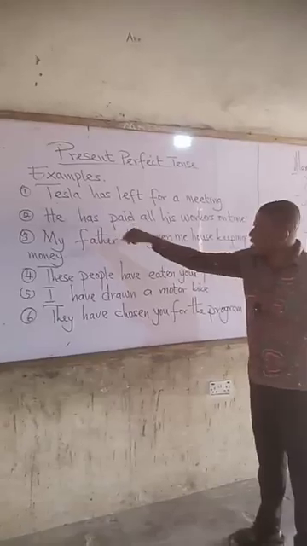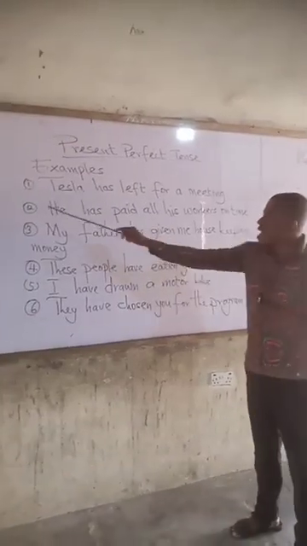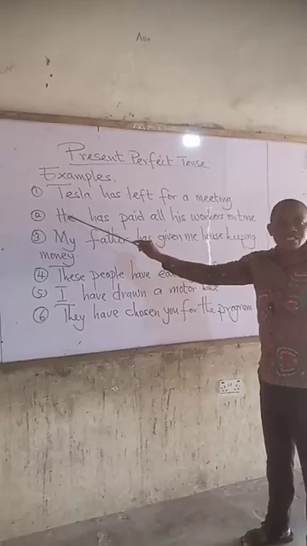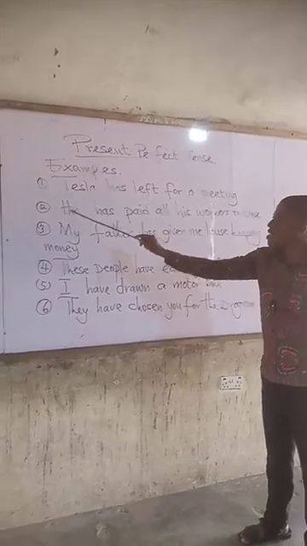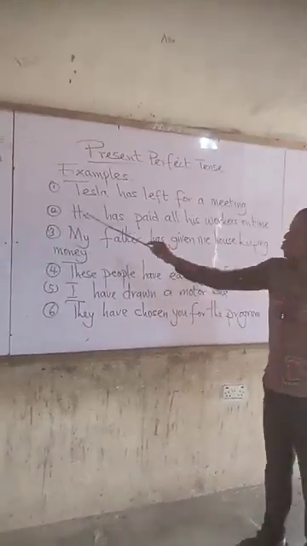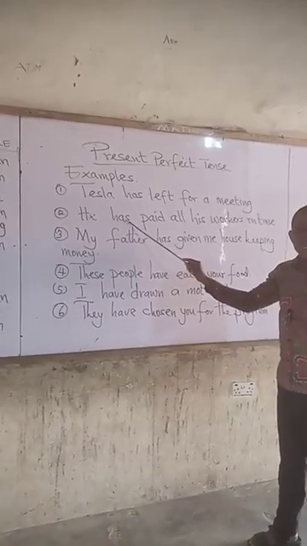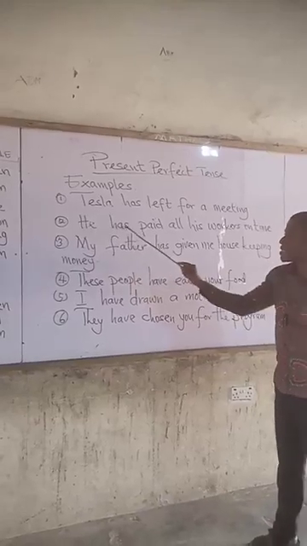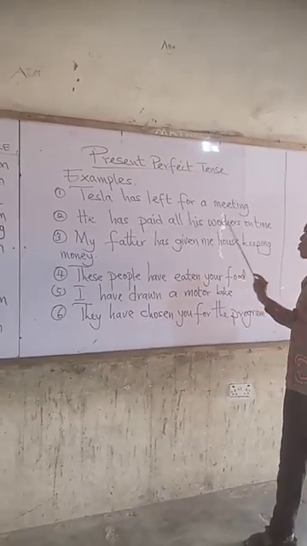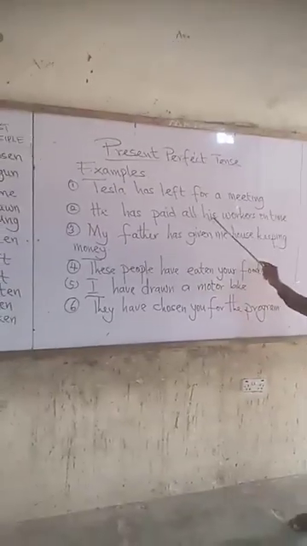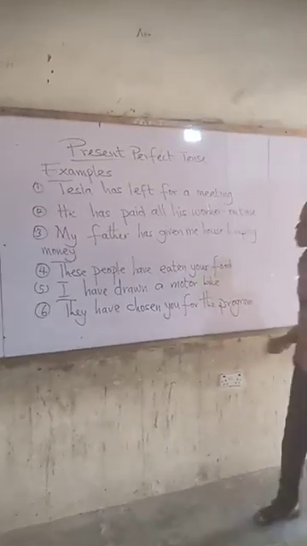Now, let us analyze the second one too. Anytime that you use third person singular, example on the board, he, it will connote with has. So we have: he has paid all his workers on time.